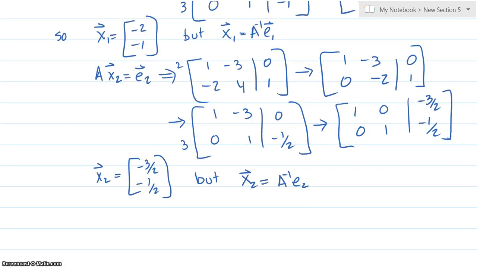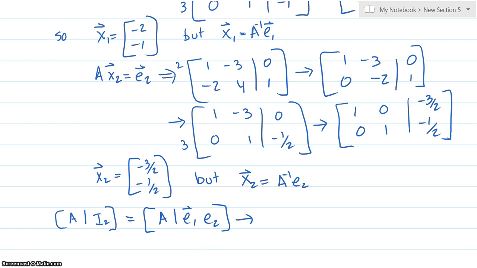So if we put this together, we've just found A inverse. This will be the first column and this will be the second. To see that, the idea is here. If we look at A|I, which by the way is A, E1, E2, I'm now having a matrix over here on the right side instead of just one vector.